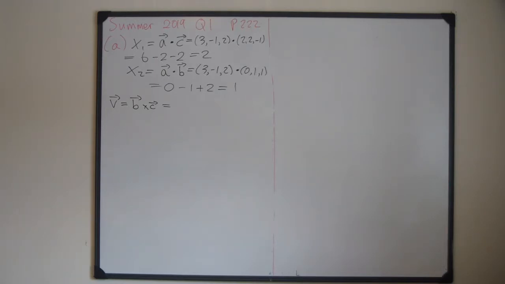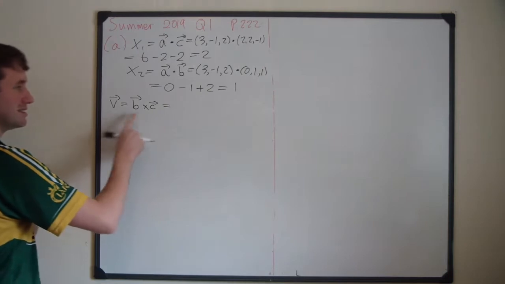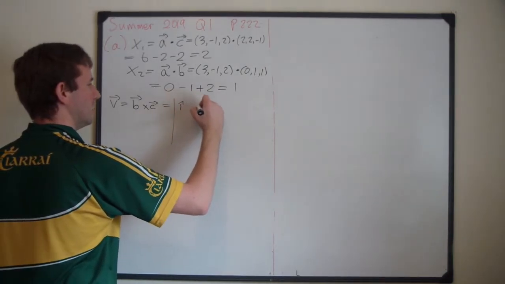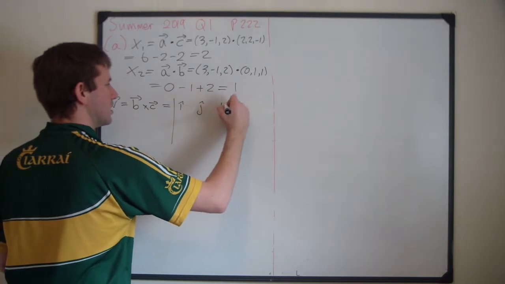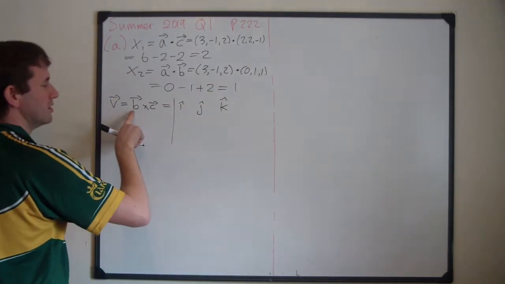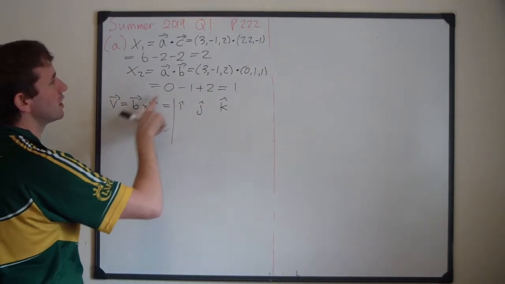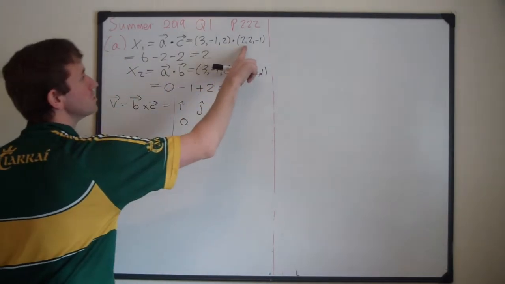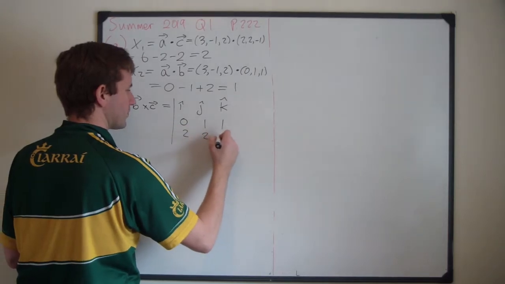And then the cross product is your vector product. The answer is a vector. So for the dot product the answer is a scalar, a number, check. This answer is a vector. And this is where you find the determinant of i, j, k, and then the components of B, which are 0, 1, 1, and the components of C, which are 2, 2, minus 1.